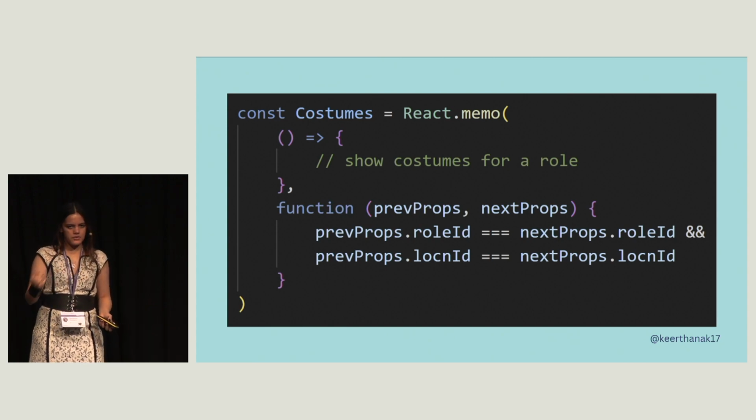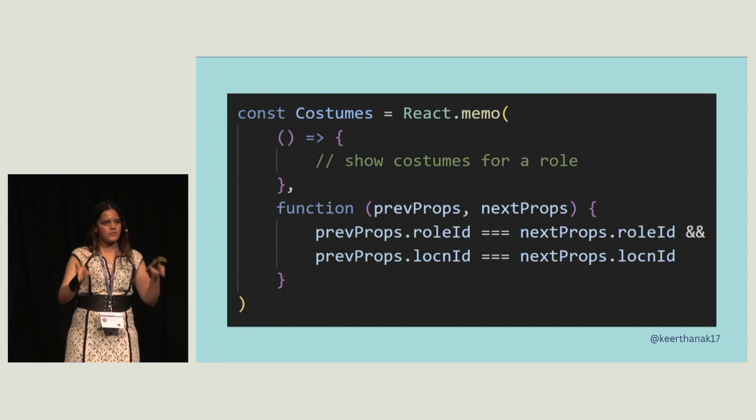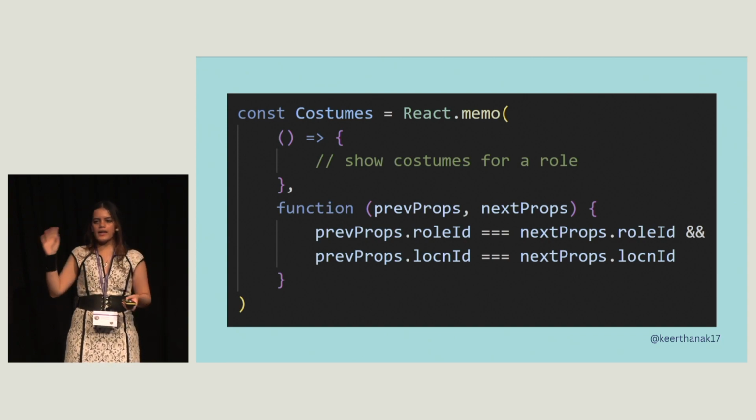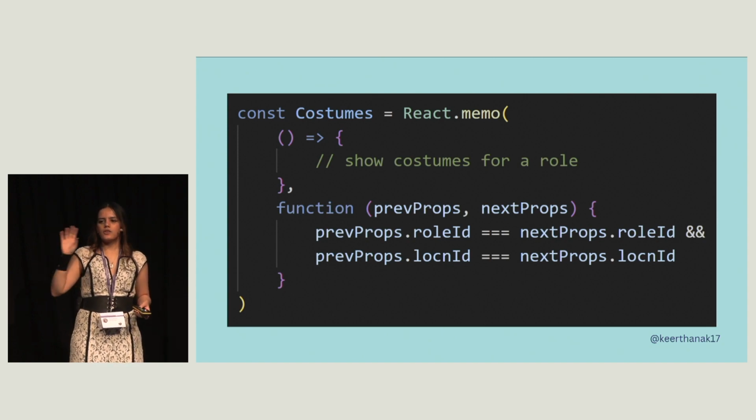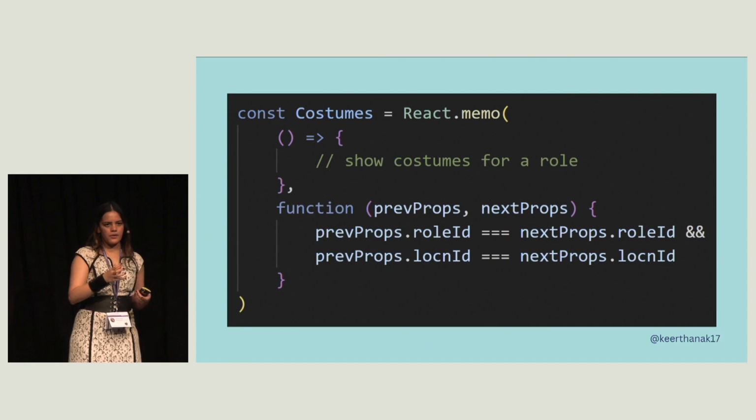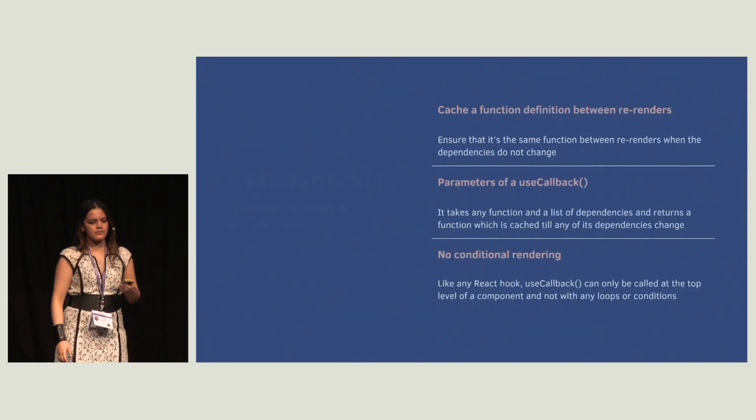If the location changes or the role changes, I want that costume component to re-render. But as long as those two remain the same, no matter what else changes, I don't care. Costumes should not be re-rendering. We should have that kind of fine-grained control over how my costumes are displayed in my application.